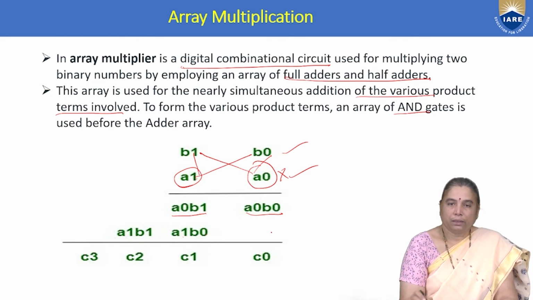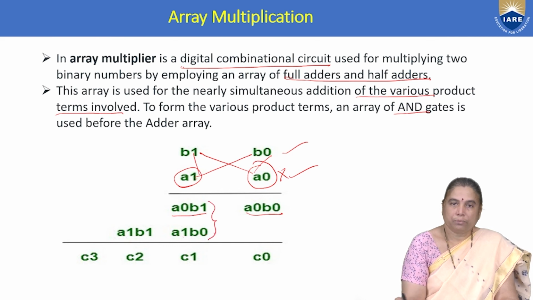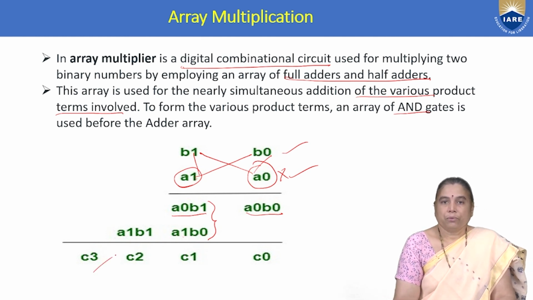After writing the partial products, the addition operation is performed. The first term is taken as C0, and these both terms are added and the sum is represented in C1, C2. If a carry is present, it is represented with C3. So we took 2 bits of multiplicand B and multiplier A.